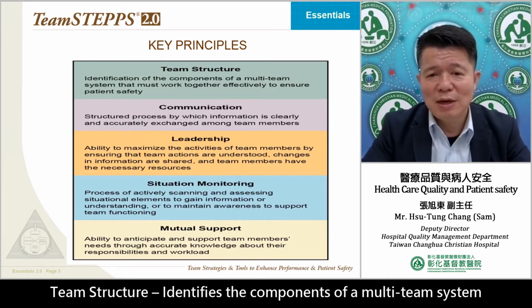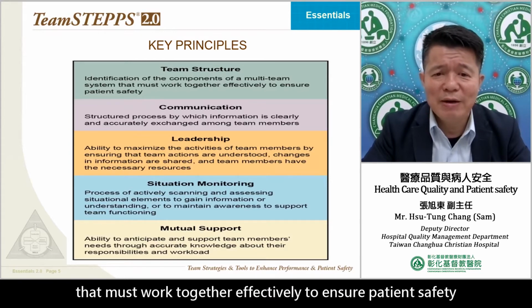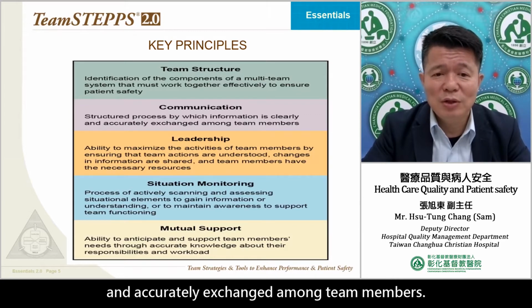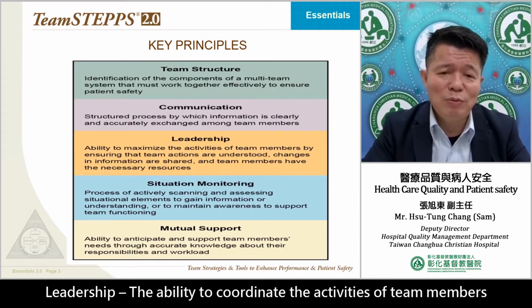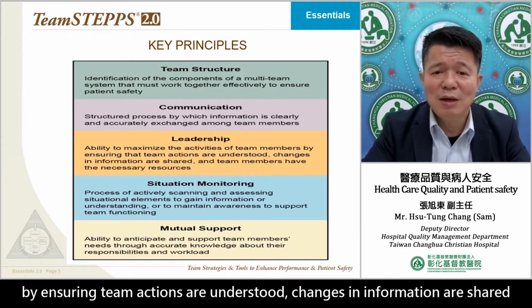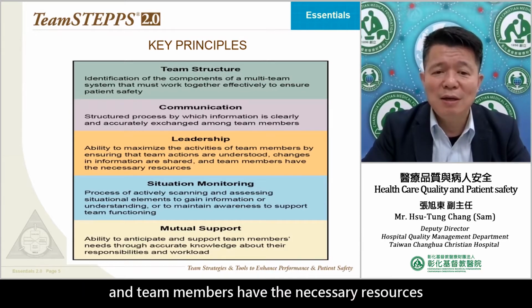Team structure identifies the components of a multi-team system that must work together effectively to ensure patient safety. Communication, the process by which information is clearly and accurately exchanged among team members. Leadership, the ability to coordinate the activities of team members by ensuring team actions are understood, changes in information are shared, and the team members have the necessary resources.